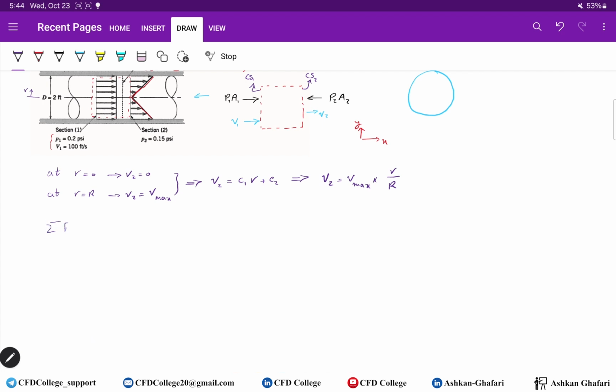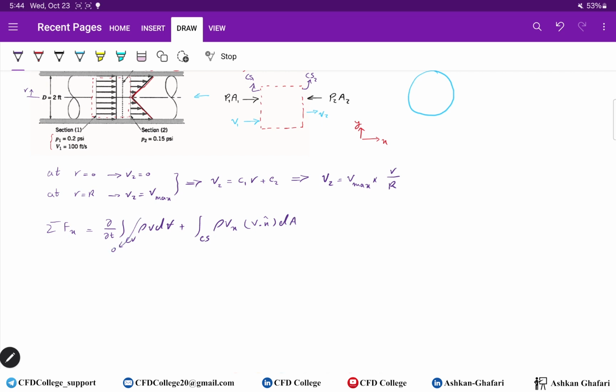So the summation of forces in x direction equals the change of momentum inside the control volume plus the exchange of momentum, integral of V rho V dot n dA.